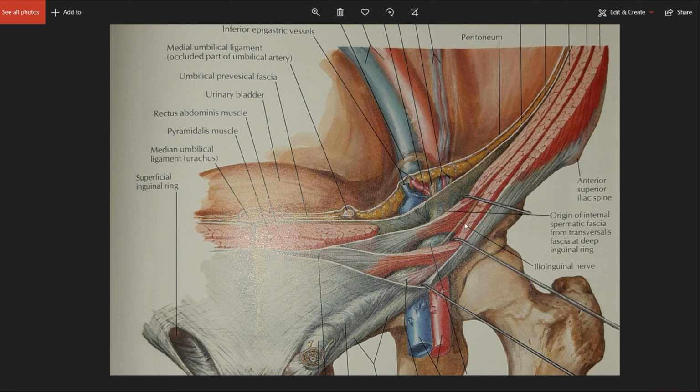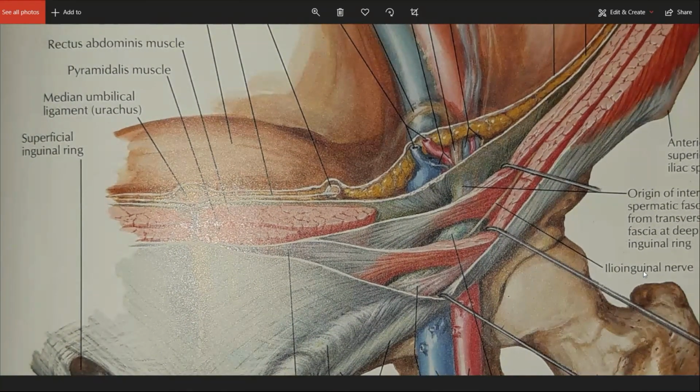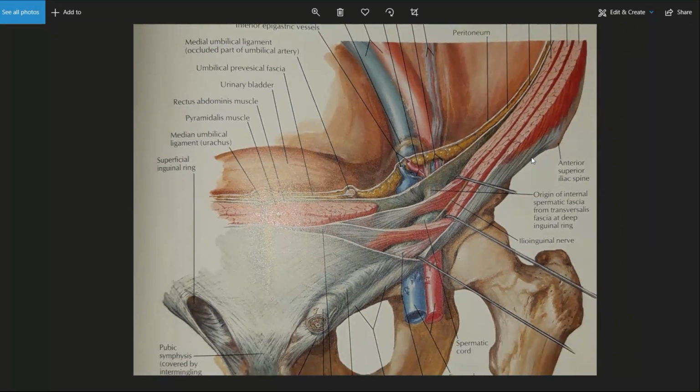That structure is this nerve, the ilio-inguinal nerve. I had mentioned that this is the neurovascular plane of the anterior abdominal wall, in between the transversus abdominis and the internal oblique. The ilio-inguinal nerve is coming from the posterior abdominal wall, and it's actually a lumbar plexus nerve.